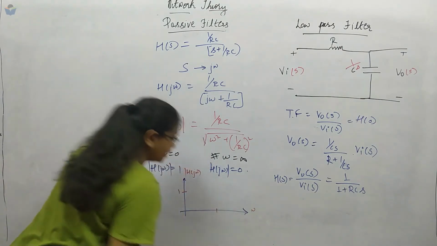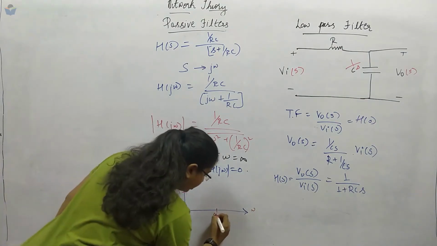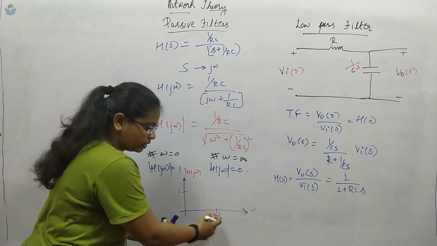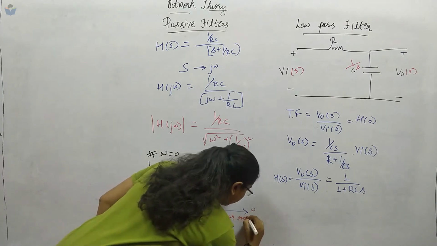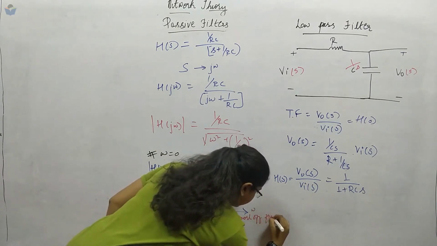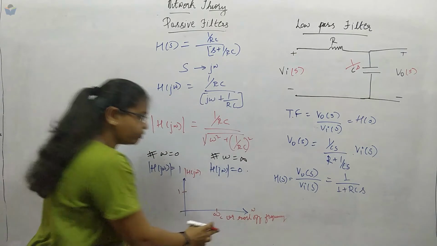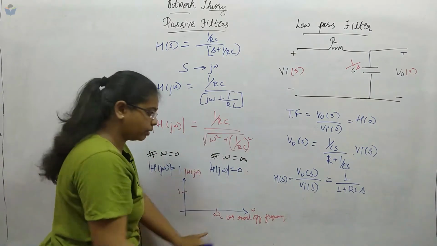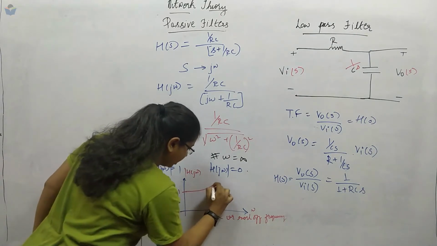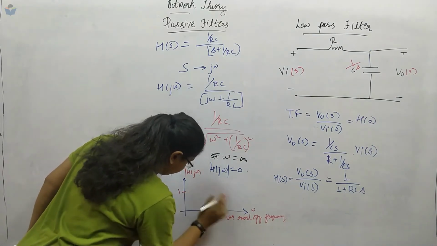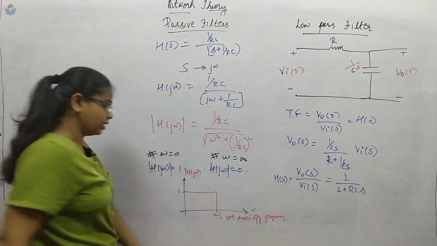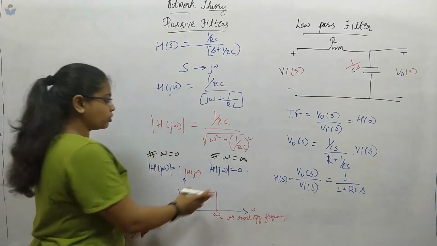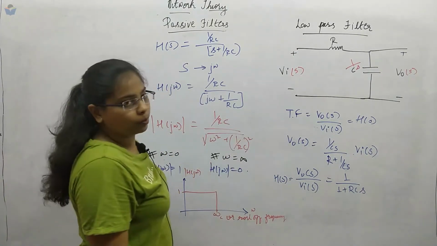Somewhere we take the cutoff frequency, where it stops; this omega cutoff frequency, or you can call it the roll off frequency. This cutoff frequency is basically a gate to tell whether it is a low pass filter or a high pass filter. My ideal graph will be like this, so it is allowing the lower band frequencies rather than the higher band frequencies. So I can conclude that it is a low pass filter.